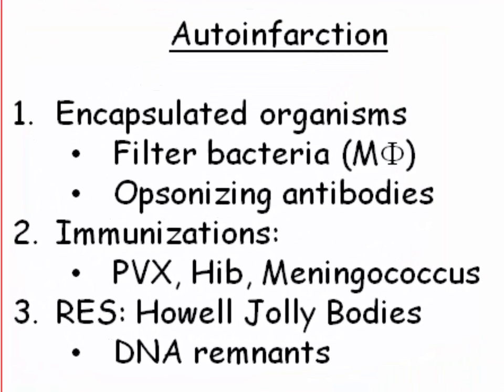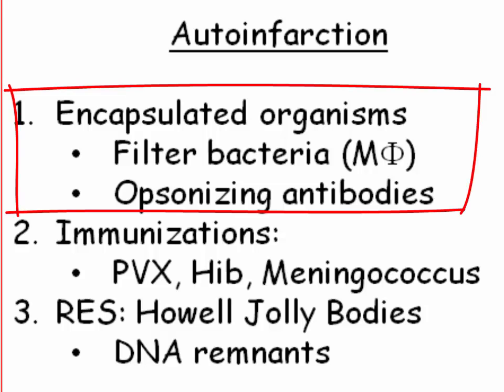The more subtle question has to do with why these infections occur in the functionally asplenic host. Let me emphasize, knowing that the spleen is functionally absent is insufficient. You need to know how that actually predisposes to infection. The answer is twofold. The splenic macrophages actually filter bacteria, and splenic B lymphocytes produce opsonizing antibodies.